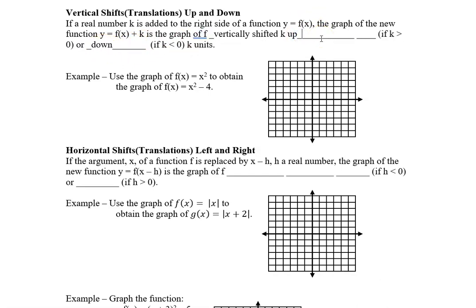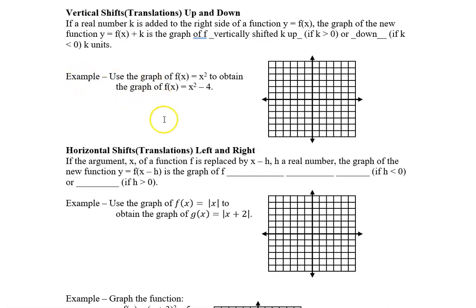So that vertical shift up and down is going to be k units. So if we add 3, we're going to shift up 3 units. If we add -5 or subtract 5, then it's going to shift down 5 units.